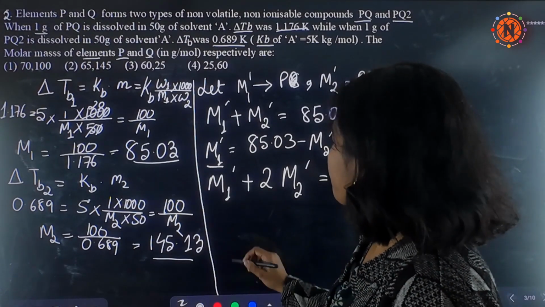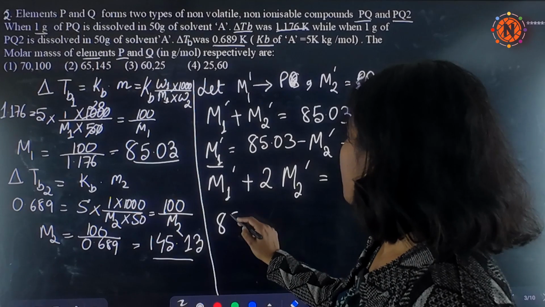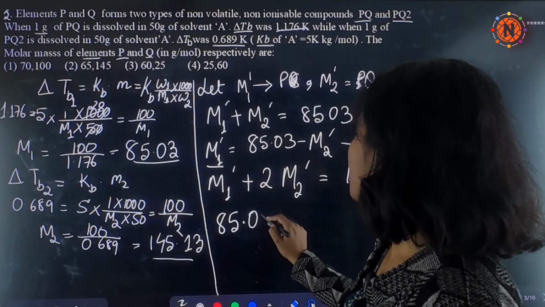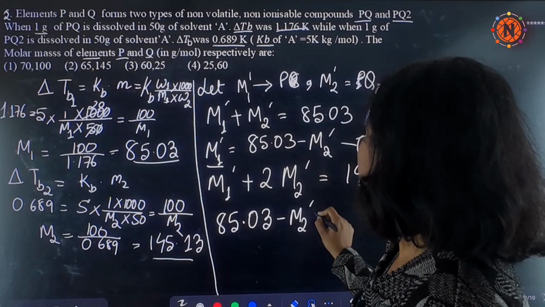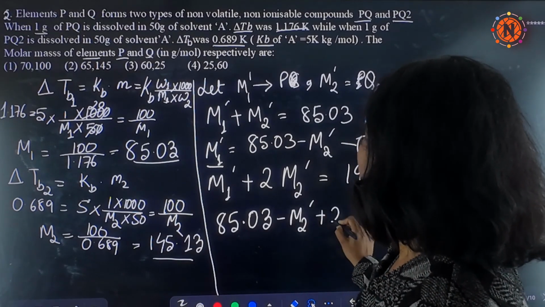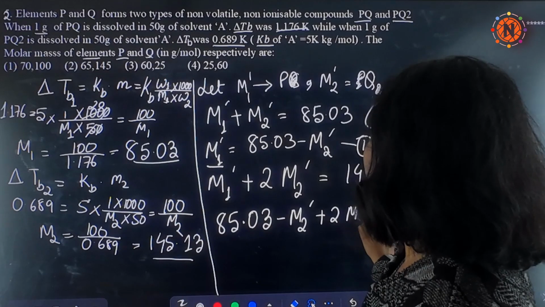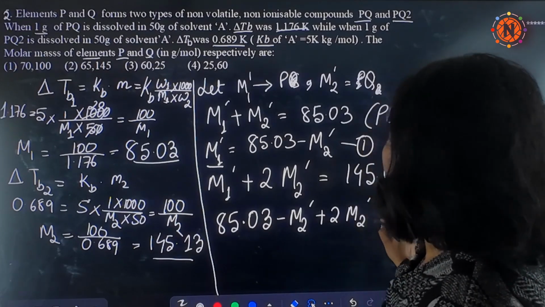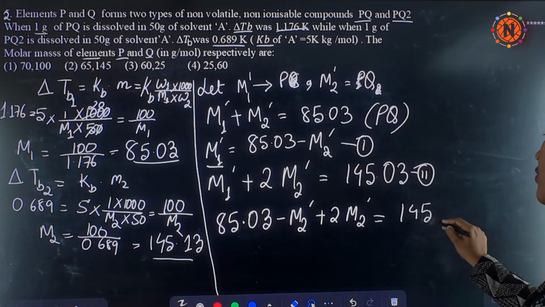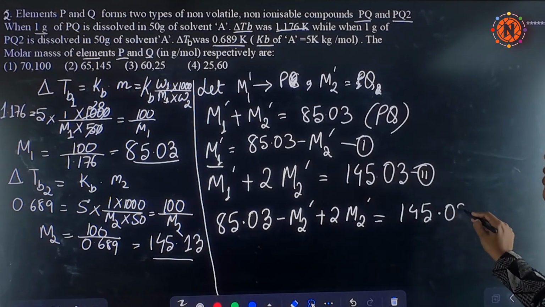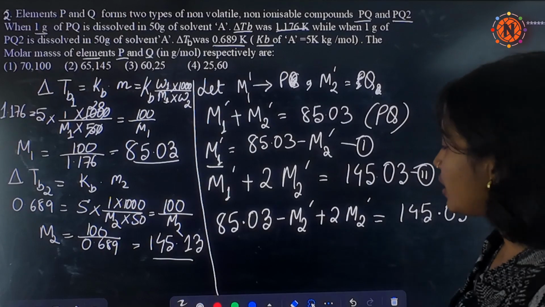So what will it be? It will be 85.03 minus M2 dash plus 2 M2 dash, that is equal to 145.03, right?